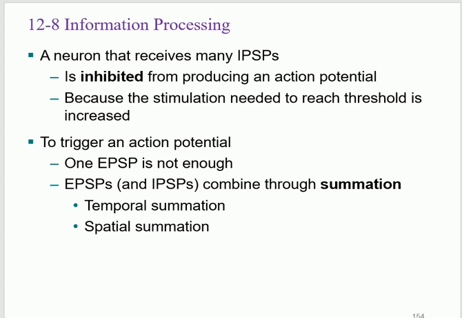Instead, opening the gates for potassium gives hyperpolarization. This is inhibitory. Which one do we actually have? You can have excitatory, you can have inhibitory, and actually you can have both of them at the same time.